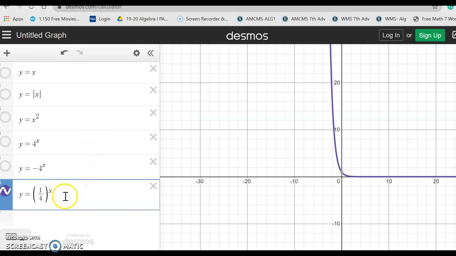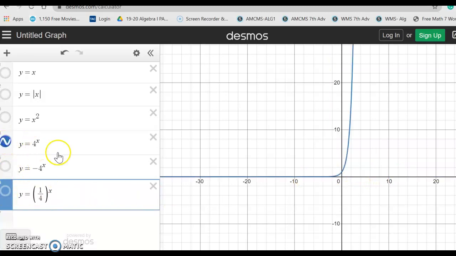So let's go back to here and notice that here was an exponential growth, and here is an exponential decay. It starts high and comes low. Both of them go through (0, 1).